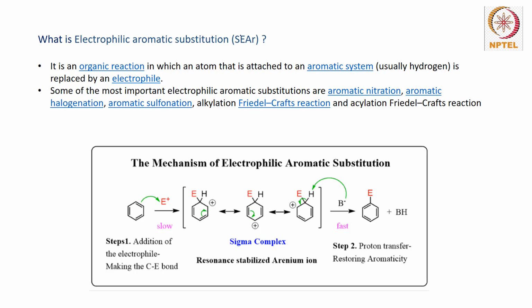So this is the general mechanism where the electrophile will come and our system will take this electrophile, and this is the sigma complex by which the intermediate gets stabilization. After that, this hydrogen atom gets eliminated and we will get the substituted product.